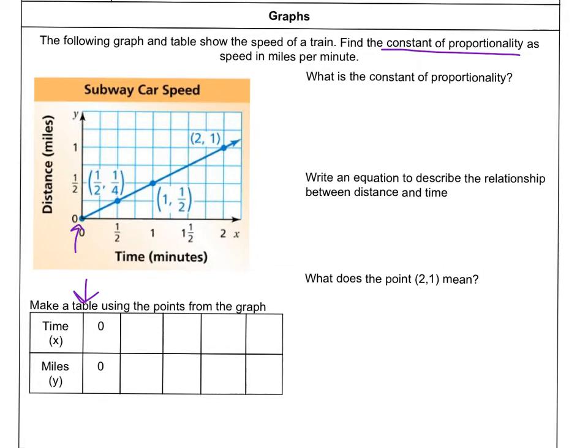Okay, here's my first point, 1/2, 1/4. So I'm going to put 1/2, because that's the x value, over 1/4. My next point is 1, 1/2. Then I have 2, 1. Let's pick a point.